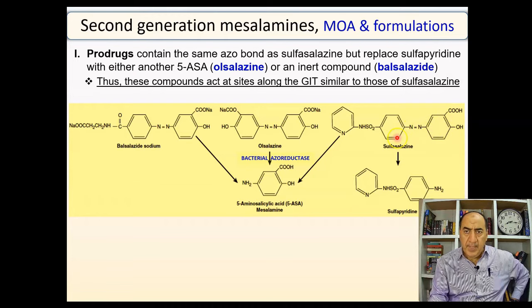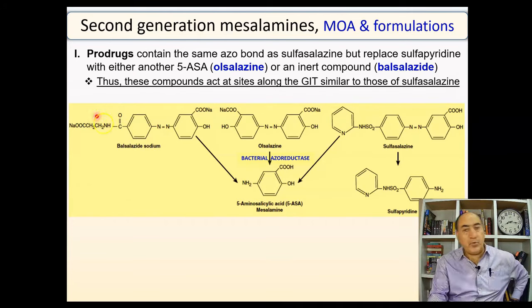This is the sulfapyridine moiety that we don't need. The second prodrug is balsalazide. The 5-ASA is still there, but it's connected also by an azo bond to just an inert compound.